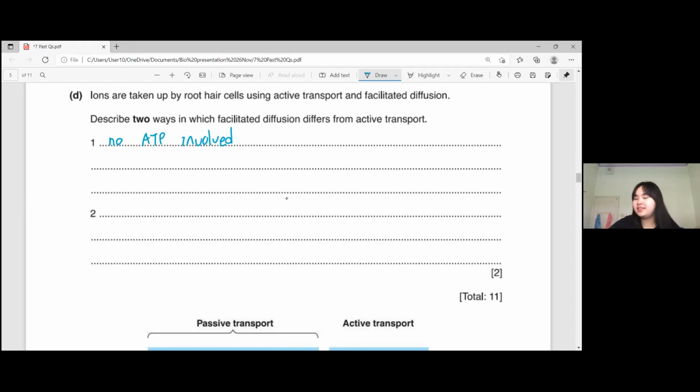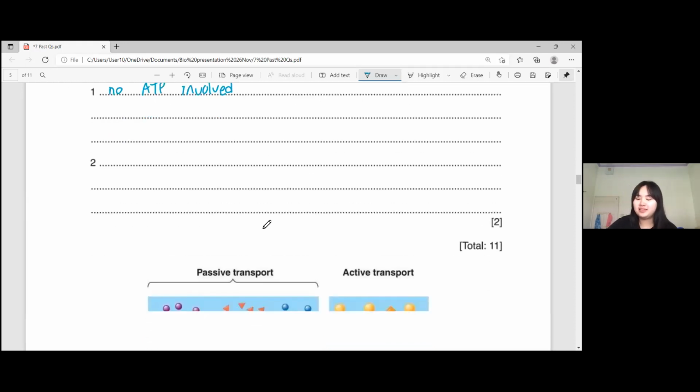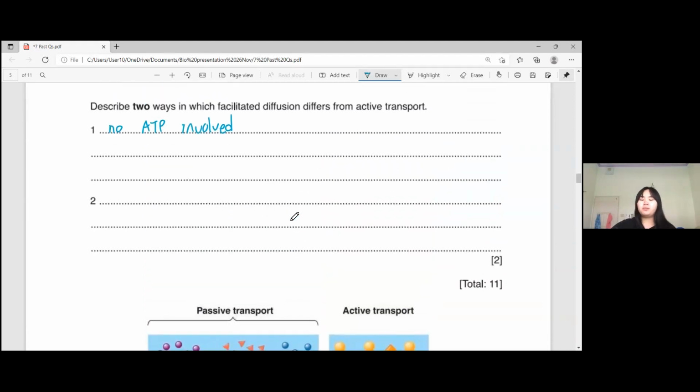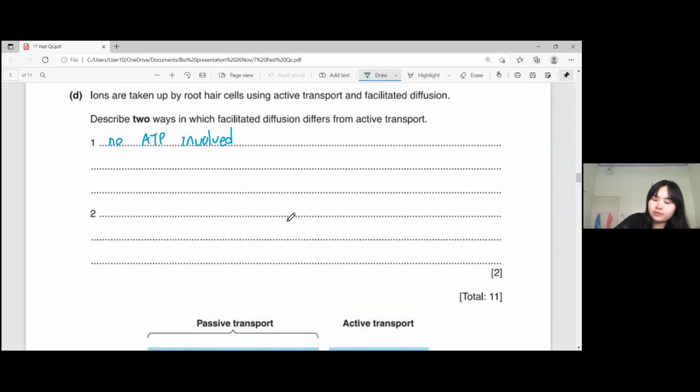And another one, anyone want to try? Okay, Zhixian got it. For facilitated diffusion, the ions move down the concentration gradient.